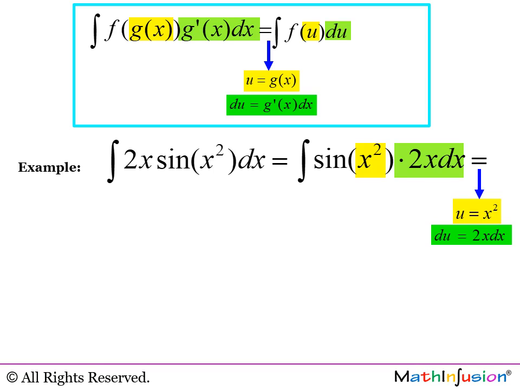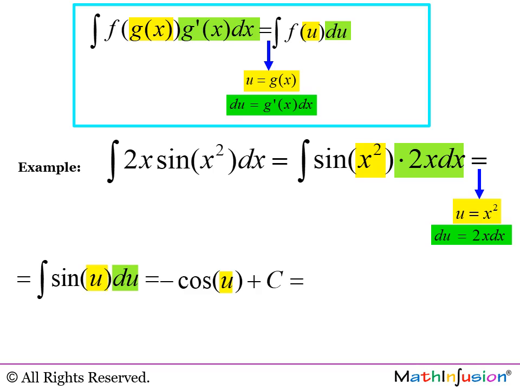And we get everything now color-coded exactly as the rule of the u substitution is. So now I'm going to have a u integral only, so it's an integral of sine u du. We know the antiderivative of sine u is negative cosine of u, so we get negative cosine of u plus c, and the only thing left to do is to replace the u by x to the power of 2, and we get negative cosine of x to the power of 2 plus c.